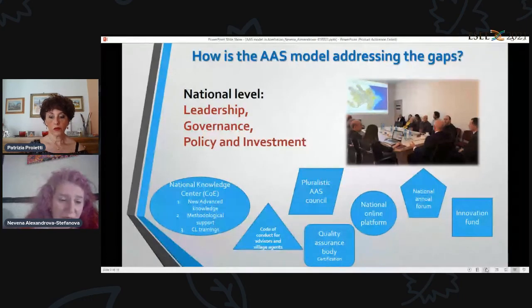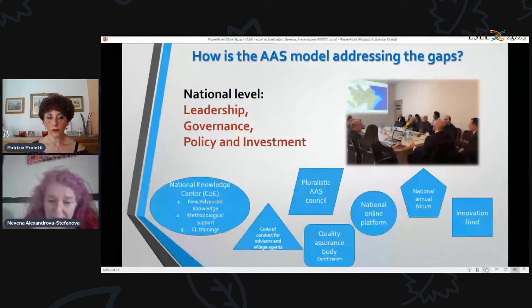We thought it's very important to let the government know that there is a need for a national knowledge center, or you can imagine this as a function, not as a real structure at the moment, because it can take various forms. But the functions are that it has to promote new and advanced knowledge, to provide methodological support, and also to define the curricula of the trainings.